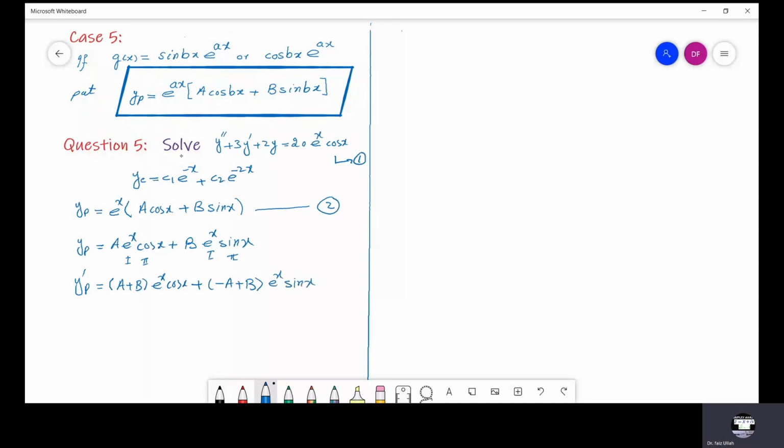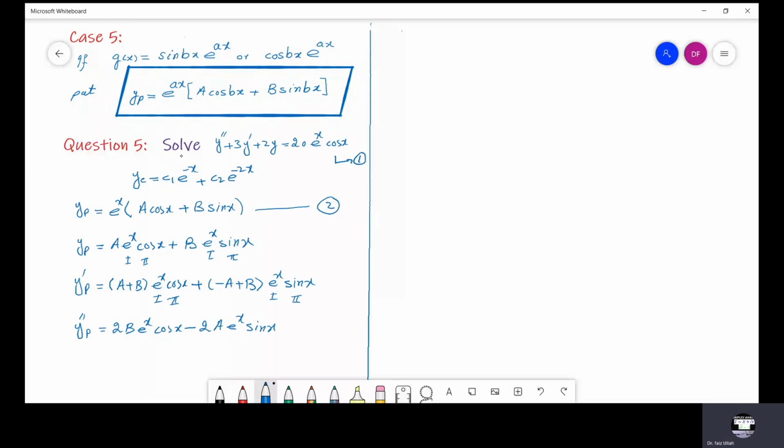Let us differentiate this once again and obtain y double dash, which is equal to, again we can use the product rule on the first term as well as the product rule on the second term. And after simplification, we get 2b e power x cos x plus minus 2a e power x sine x.